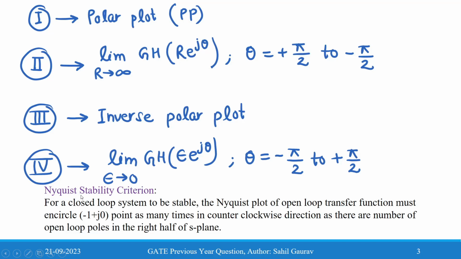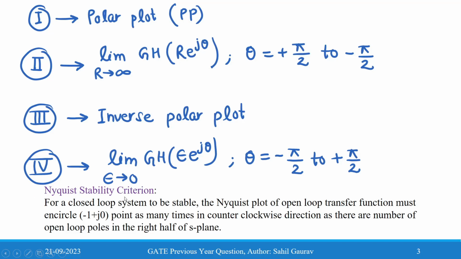The Nyquist stability criterion says that for a closed loop system to be stable, the Nyquist plot of the open loop transfer function must encircle the -1 + j0 point as many times in the counterclockwise direction as there are open loop poles in the right half of the s-plane. Just remember this and keep it in mind.